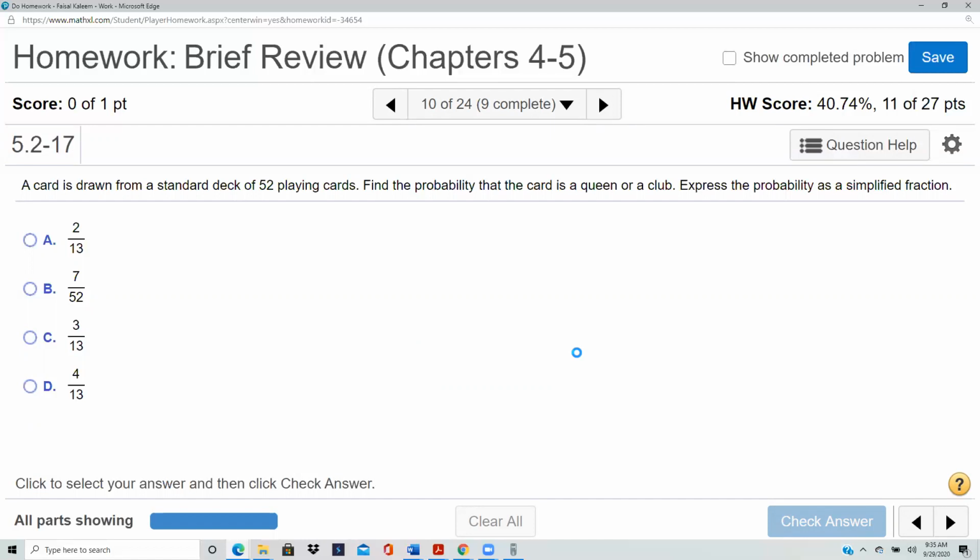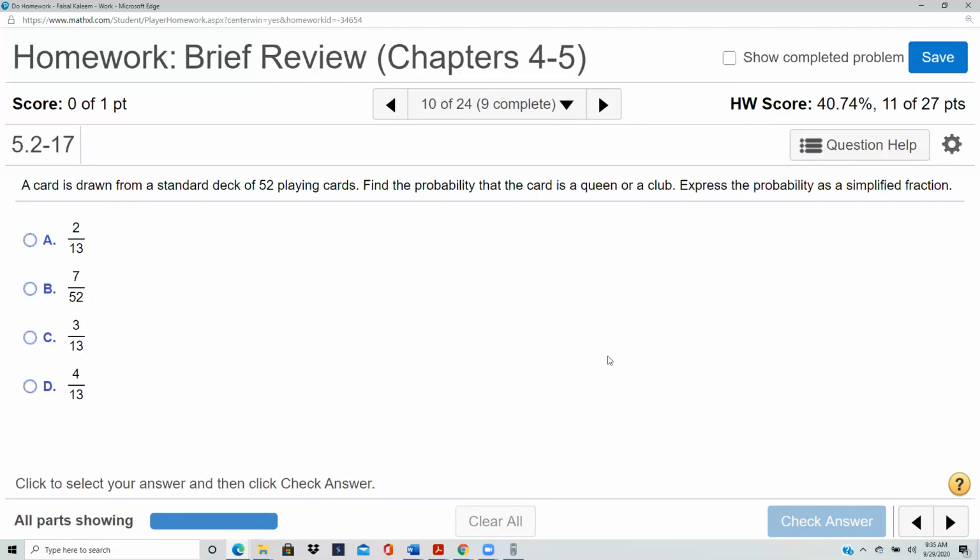13. Okay. So now is there an overlap? Can a card be a queen and club at the same time? One of them. Yeah, so there's an overlap. So whenever there's an overlap, if there was no overlap, you would just add the 4 and the 13 because you know that OR means addition, right?